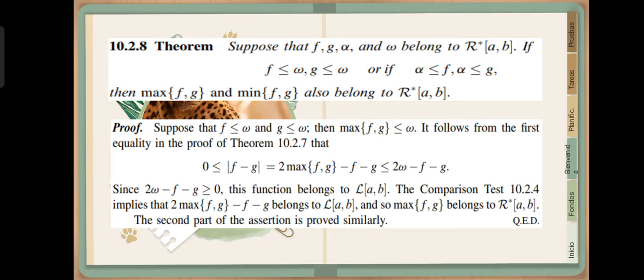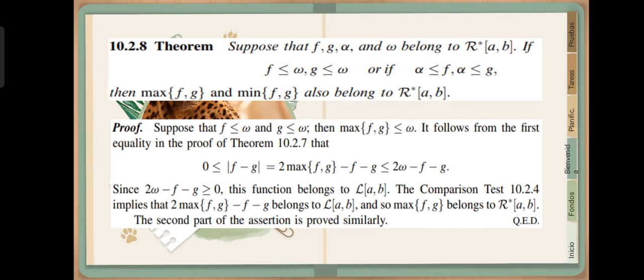It follows from the first equality in the proof of Theorem 10.2.7 that 0 ≤ |f − g| = 2 max(f,g) − f − g ≤ 2ω − f − g.